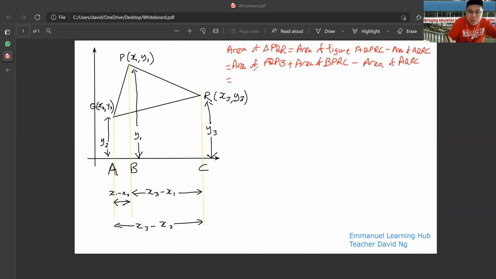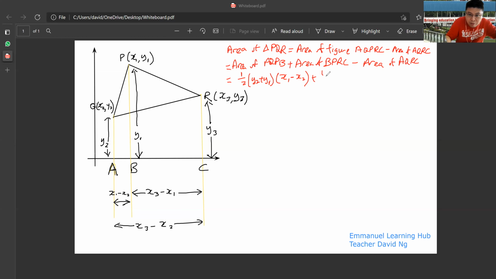So the area of AQPB, which is a trapezium, is half y2 plus y1 times x1 minus x2. This is the area of AQPB, half a plus b times h.